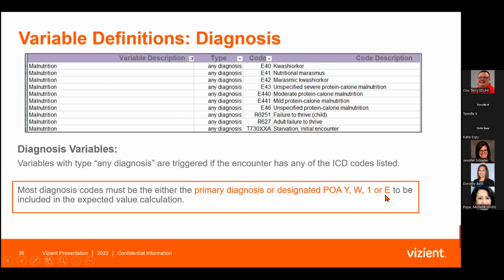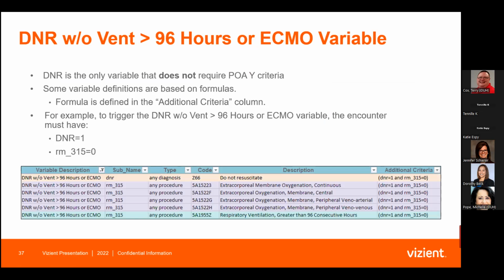Historically, documentation of present on admission yes has been the fundamental concept when we're dealing with our risk variables. So notice, and Jen alluded to earlier, we say most diagnosis codes must be POA yes, with a couple of exceptions, and let's go ahead and talk about that.